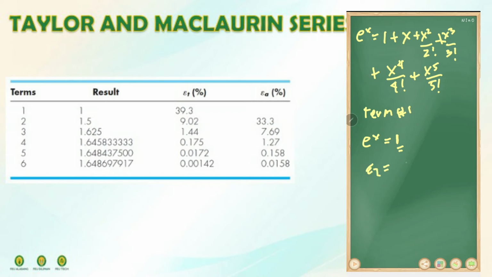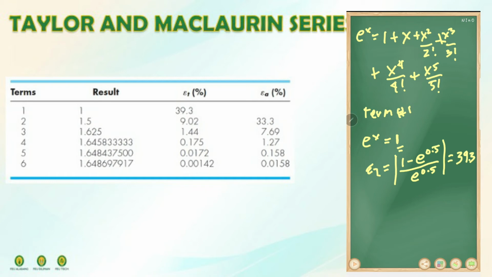Epsilon of t is equal to 1 minus e raised to 0.5 over e raised to 0.5. So you have to get, of course, the absolute value, and then the result is equal to, I think, 39.3%.